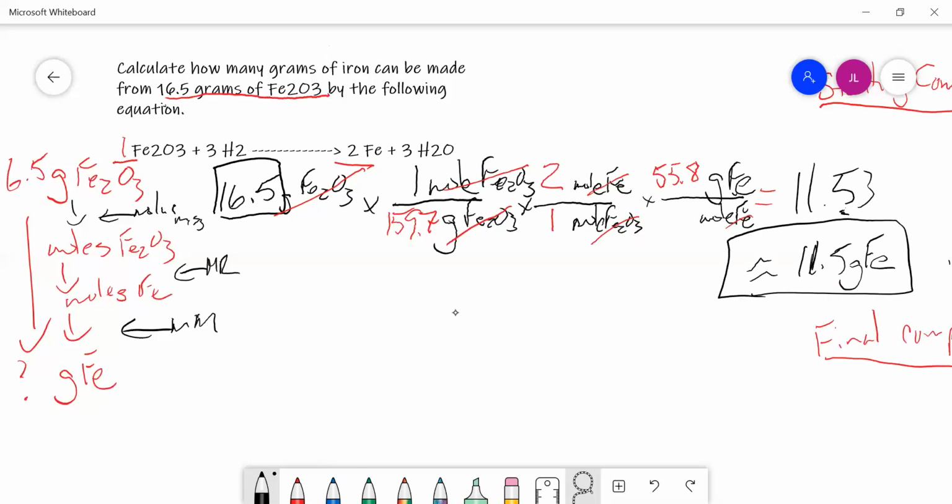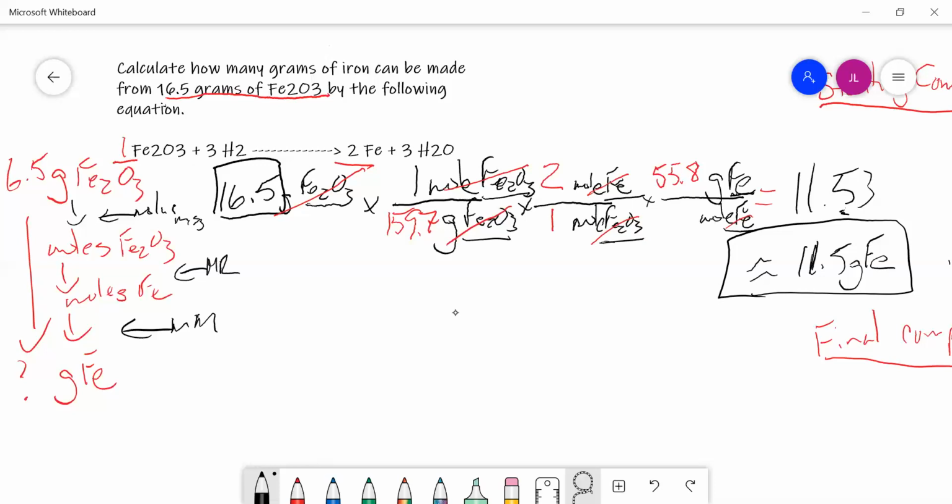Now you'll notice when I do my dimensional analysis, I added all the units, including the component that's being looked at. This helps with keeping everything straight. When you get to that molar ratio part, you know which one is on top and which one is on the bottom, because I have moles of Fe2O3 over here on top, I know that my Fe2O3 is going to be on the bottom. That's why I put all my units in first, including what the actual thing is, not just grams.